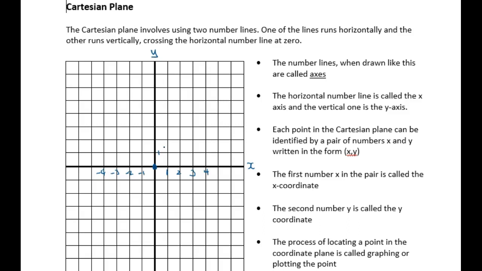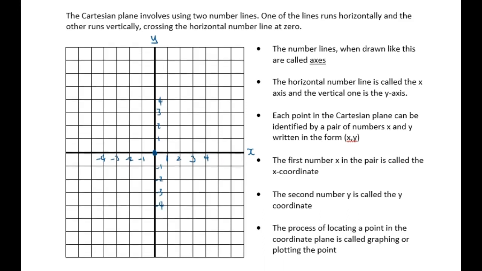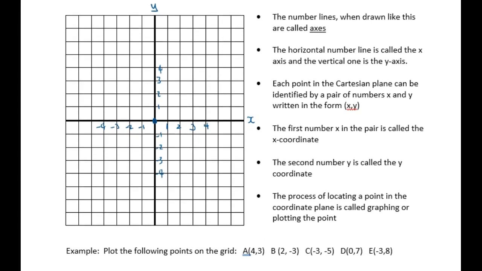On the positive side we go up by 1, 2, 3, 4, and down is -1, -2, -3, -4. So every single point on this Cartesian plane is defined first by an x value and then a y value associated with it. Let's graph a few different points on this Cartesian plane.